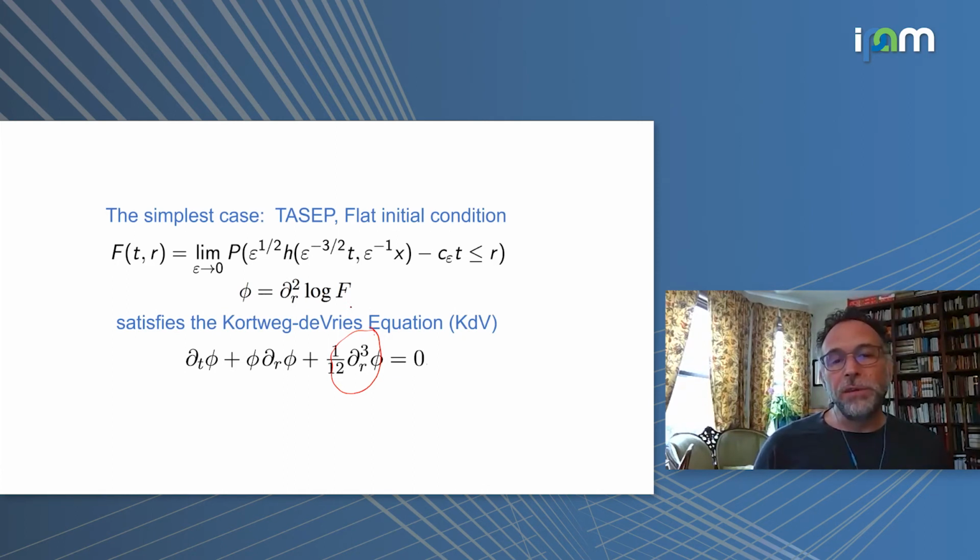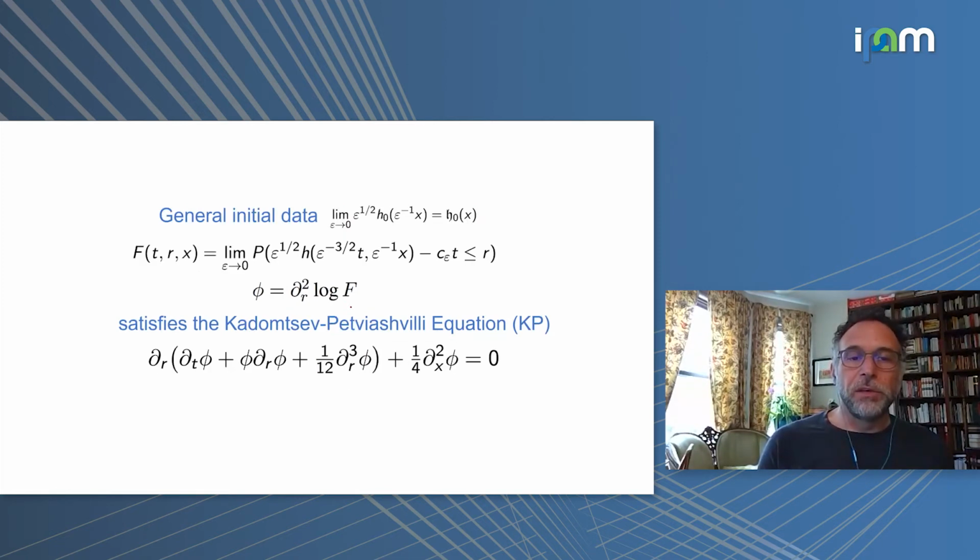So now I'll give you the analog of this result for general initial data. If we have general initial data, well, first of all, we need to know that our initial height function rescales in the 1, 2, 3 limit to some asymptotic height function, which I'll call h0.